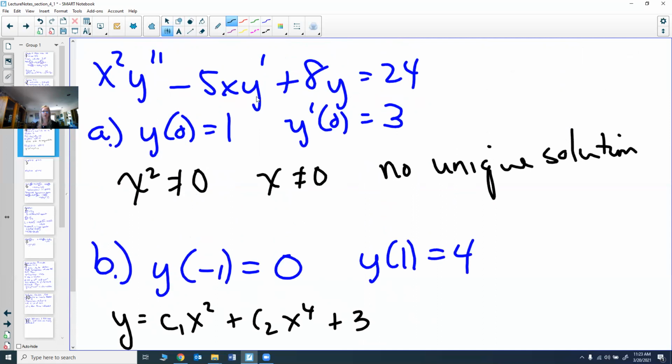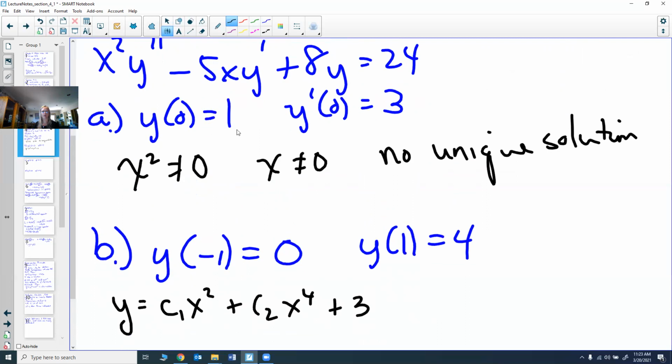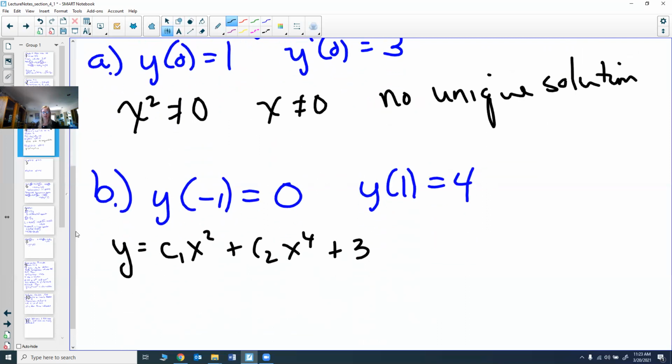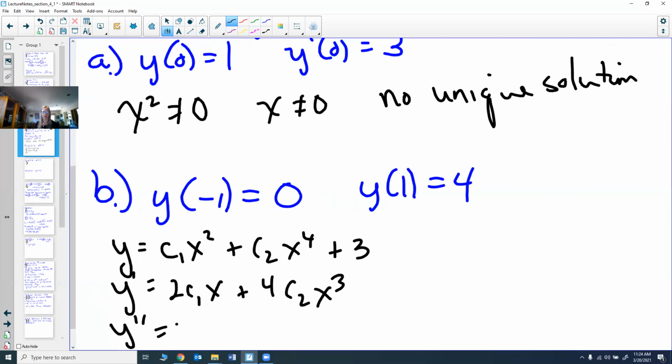So we have y prime, y double prime, and y. So we have y. Let's find y prime. Y prime would be 2c1x plus 4c2x cubed, and y double prime would be 2c1 plus 12c2x squared.